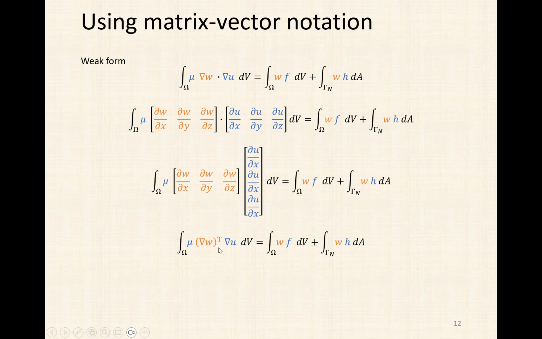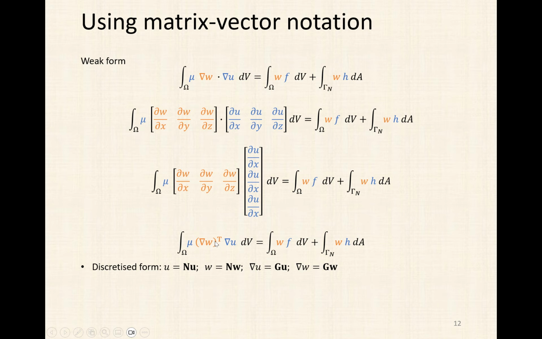What is the advantage of writing this? The advantage is after we discretize, that is, we take the approximation for u, where N is the matrix of basis functions and u is the vector of degrees of freedom. Similarly for w, and then we have the gradient for u and the gradient for w.